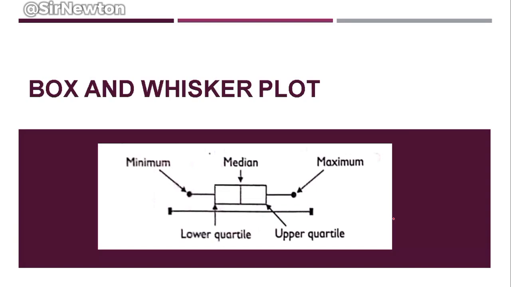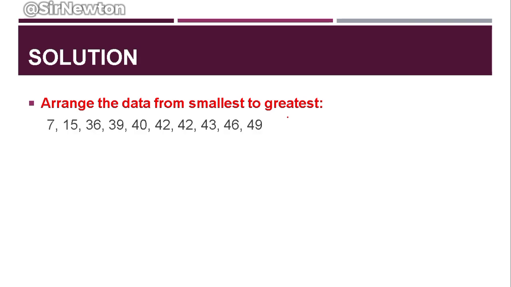Now the solution. First of all, we arrange the data from the smallest to the greatest. Arranging it will give us 7, 15, 36, 39, 40, 42, 42, 43, 46, and 49.